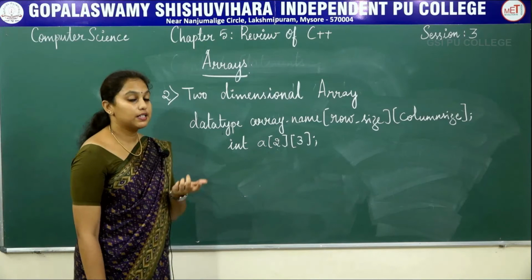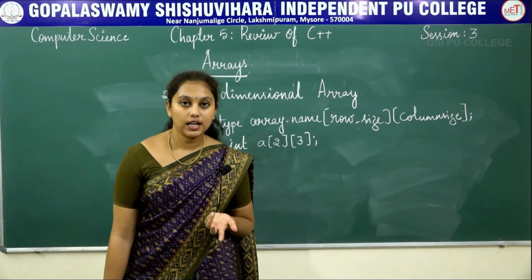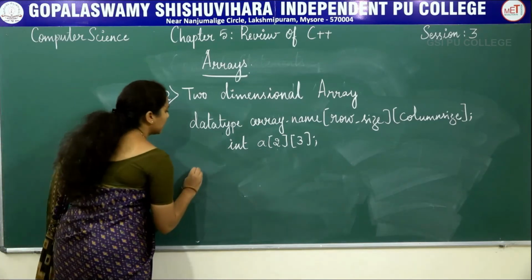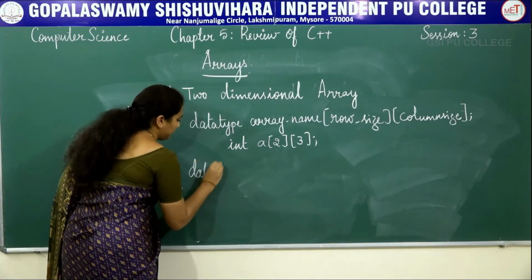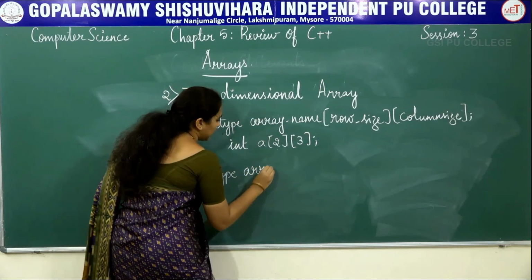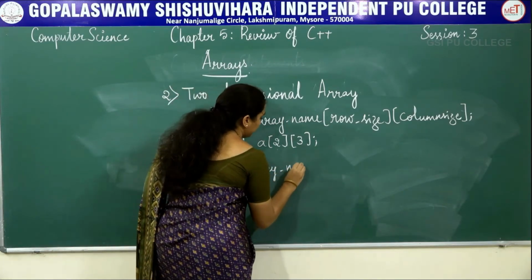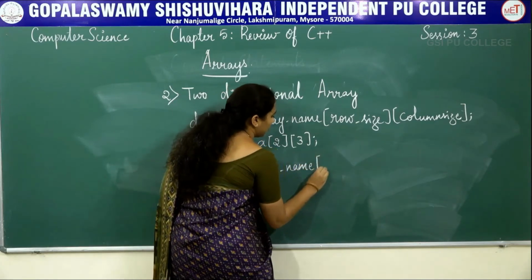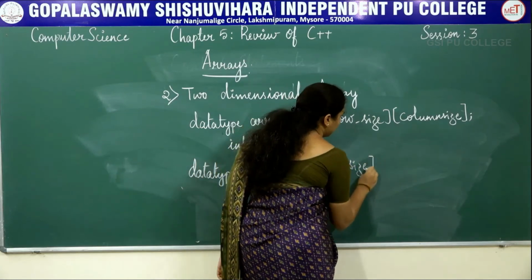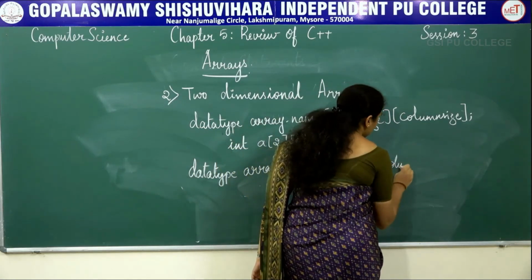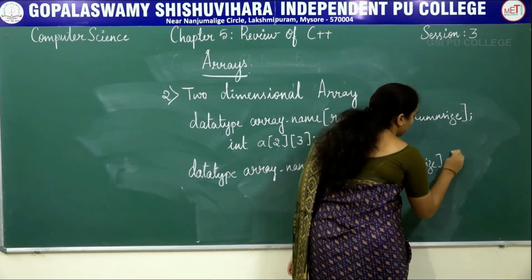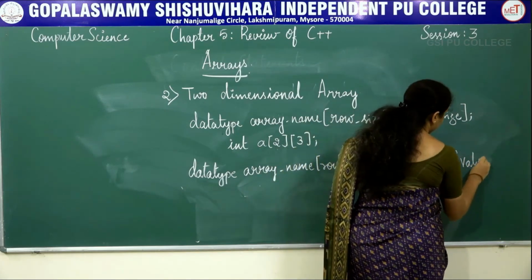How to initialize the values of a two-dimensional array? The initialization syntax is data type, array name, row size, column size is equal to values.